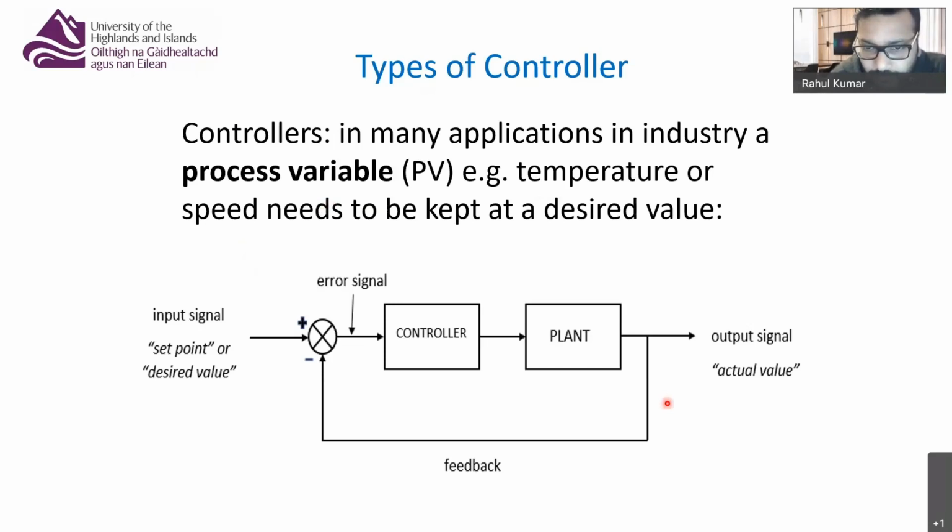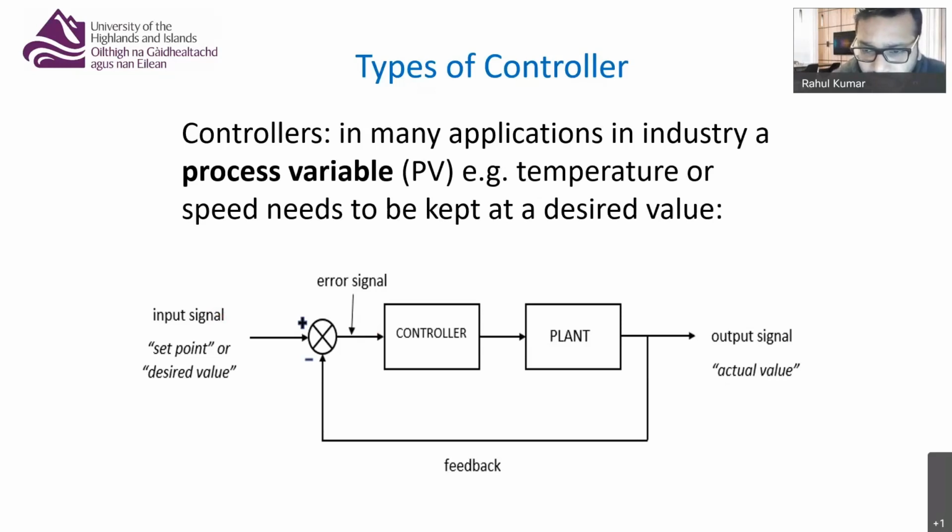Depending on the value of input, your control system in the middle will adjust the output signal. It will try to give you an output signal equivalent to your input signal, or it will try to reduce the error signal. That is the main purpose of your controller.